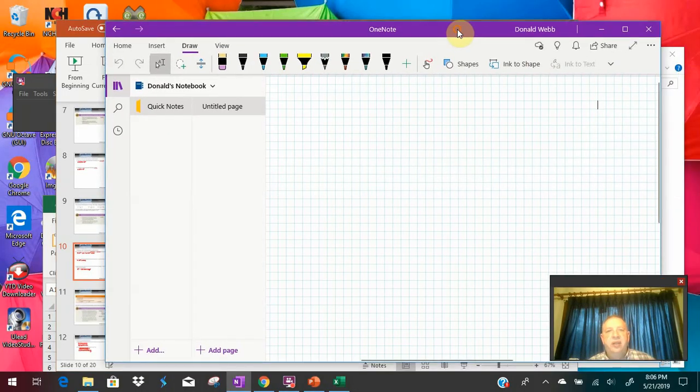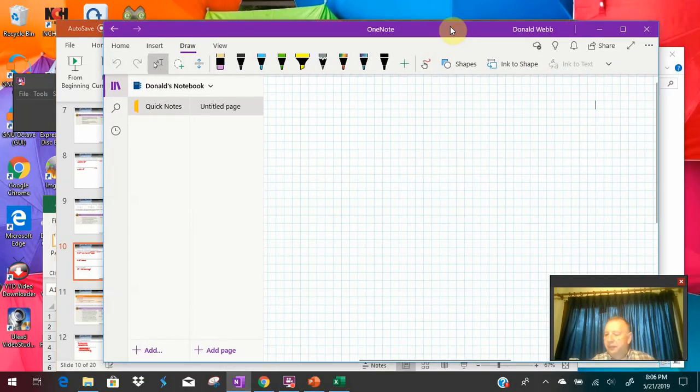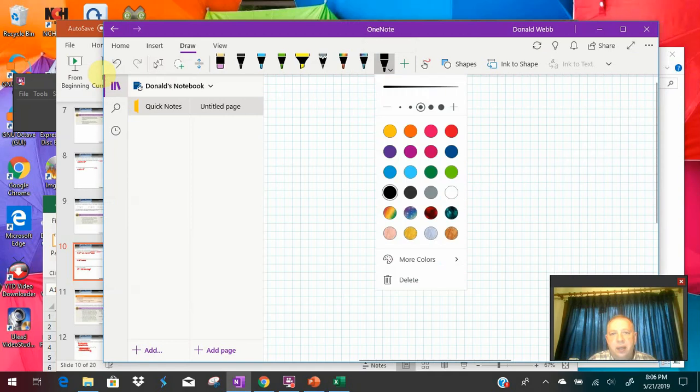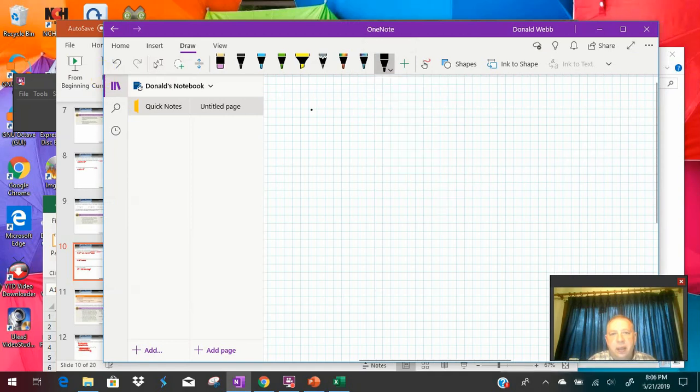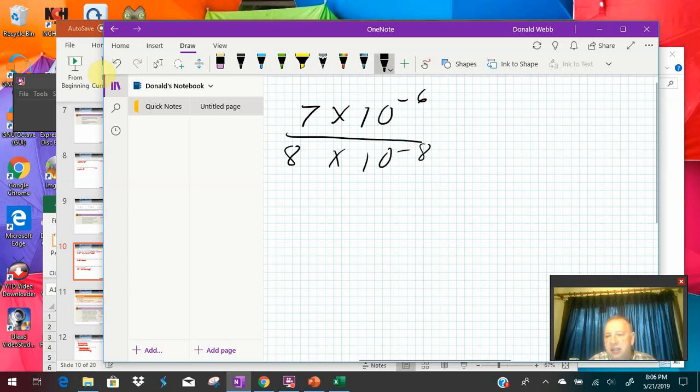If I go over here, I'm going to write 7 times 10 to the negative 6 divided by 8 times 10 to the negative 8. So this piece of it is pretty close to 1.